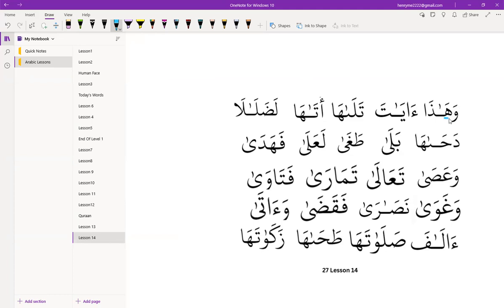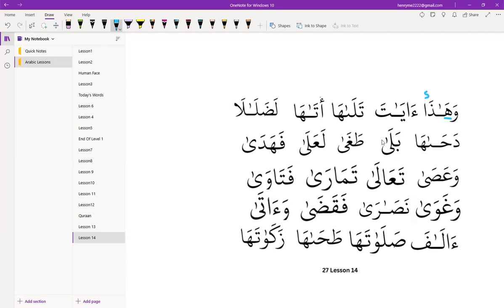The first one is the ha, because it's followed by a short alif on top, so it will be ha. Also the dha, it's followed by a long alif as well. There's one condition for increasing this: it must not have a hamza on top. Remember the hamza like this? If it comes on top here, you can't apply that rule. So the alif has to come by itself. These are the two locations.